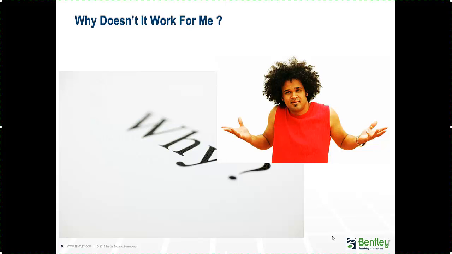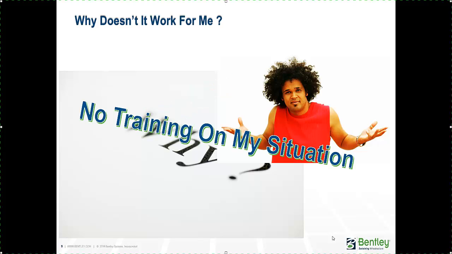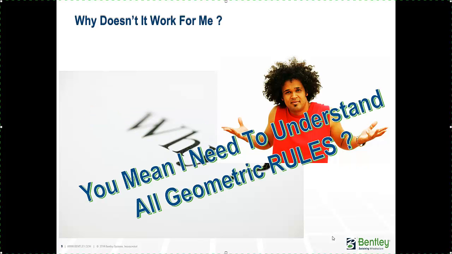So why? We see people asking, why doesn't this technology work for me? Is it because I'm a new user and I just don't understand all the aspects of the software yet? Or maybe I've taken all the training there is to take, but they just don't have a training on a civil cell for a roundabout, so it's not working for me.